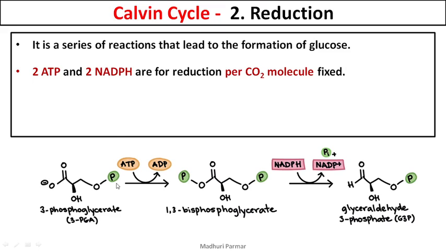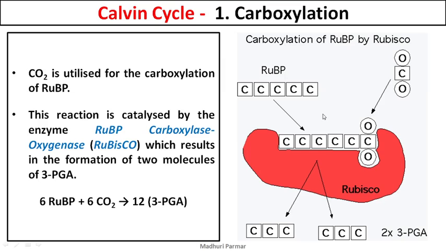As you may have noticed, here ATP and NADPH are being utilized. This ATP and NADPH we got from the light reaction, from cyclic and non-cyclic photophosphorylation. So 2 ATP and 2 NADPH are used for reduction of 1 carbon dioxide. In this cycle, if 1 carbon dioxide is joining, it is forming 2 molecules of 3-phosphoglyceric acid.